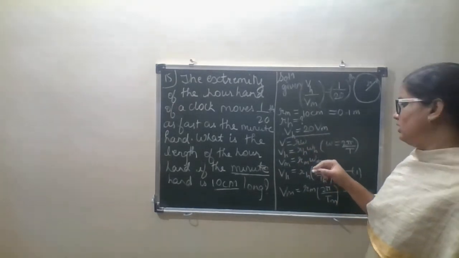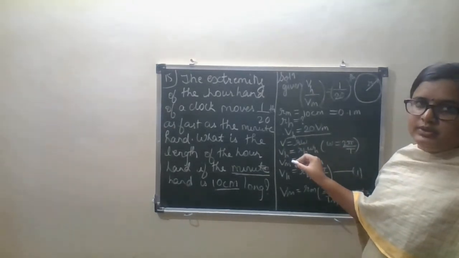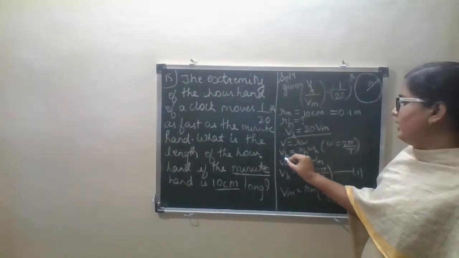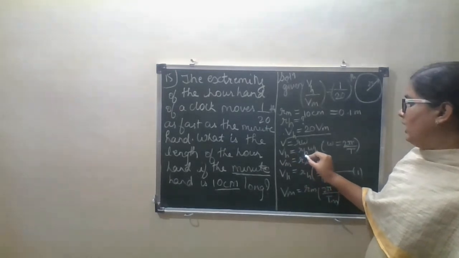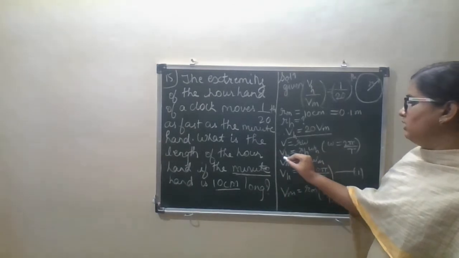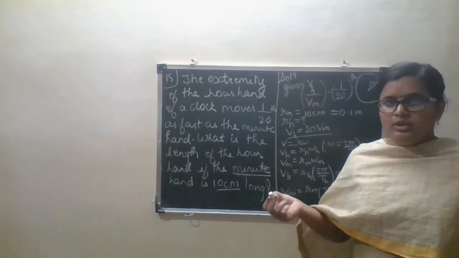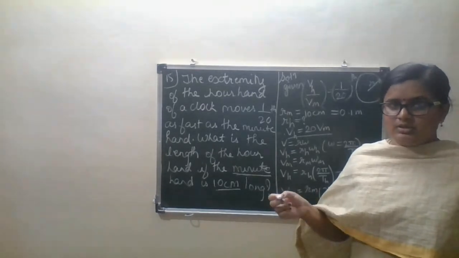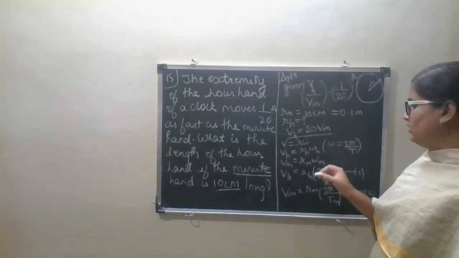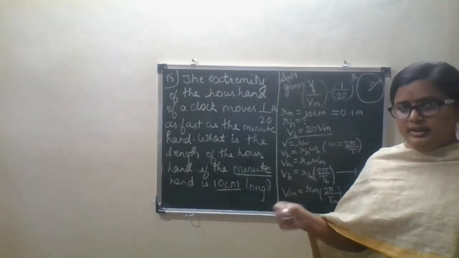Then what we have is v equal to r omega. Everybody knows that v is equal to r omega. So for the hour hand, vh is equal to rh omega h, and the same for the minute hand, vm is equal to rm omega m.